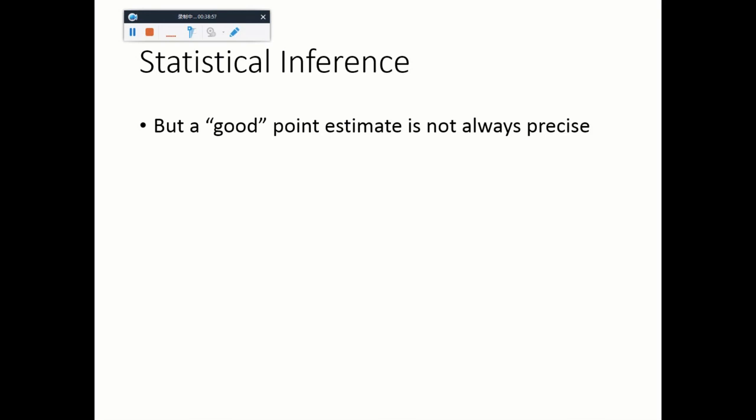So that's what we said: a point estimate is never very precise. It gives you a close enough guess, but it does not give you the true property of the population, right?